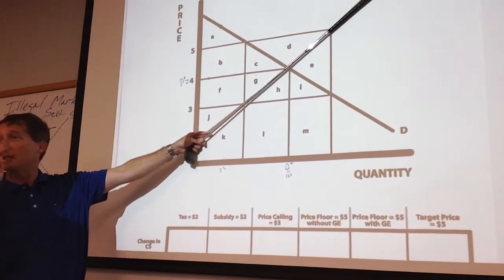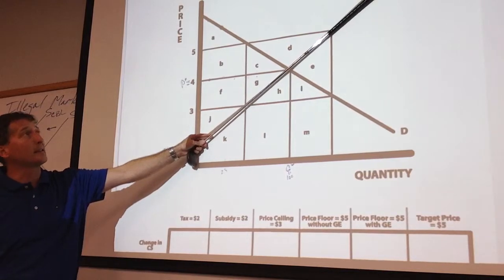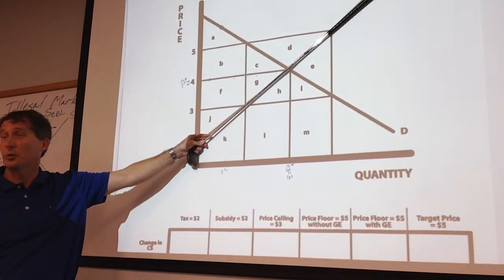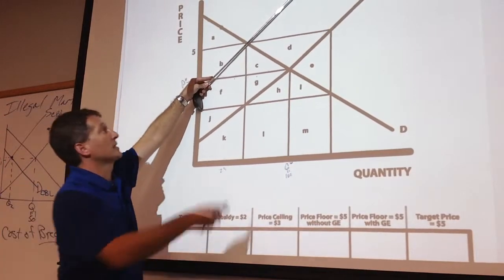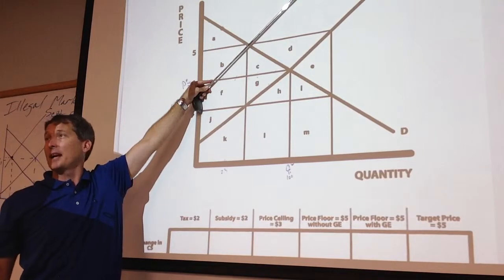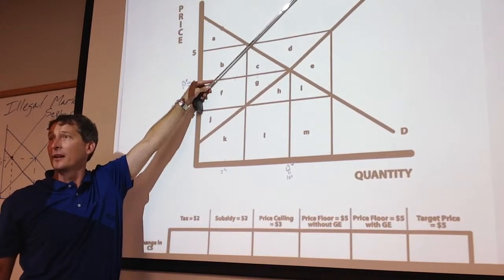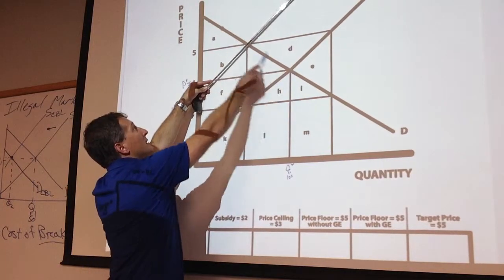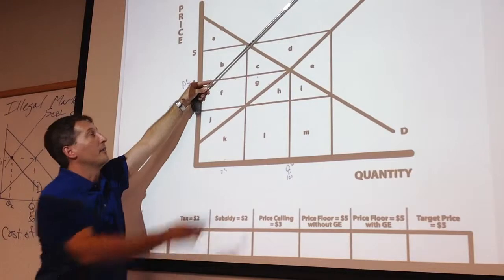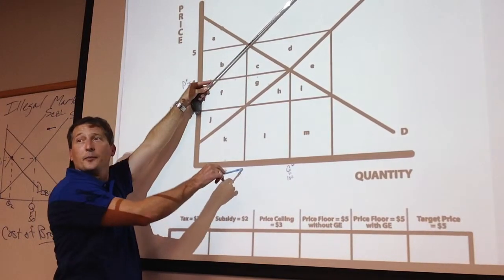In this case, if there's a tax of $2, how much do I shift it up by? $2. So the business says, I'm going to charge $2. But then they quickly find out that consumers aren't willing to pay $2 more for every unit, so they cut back on their purchases, and we end up going here. And then QT is here.